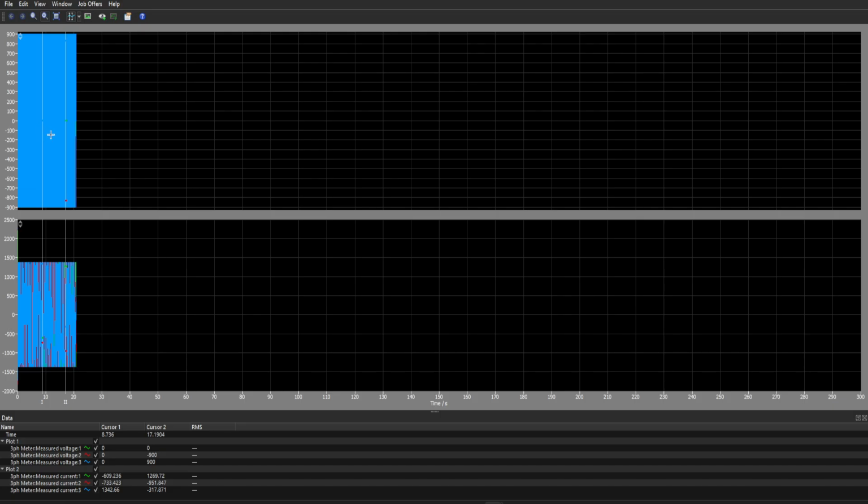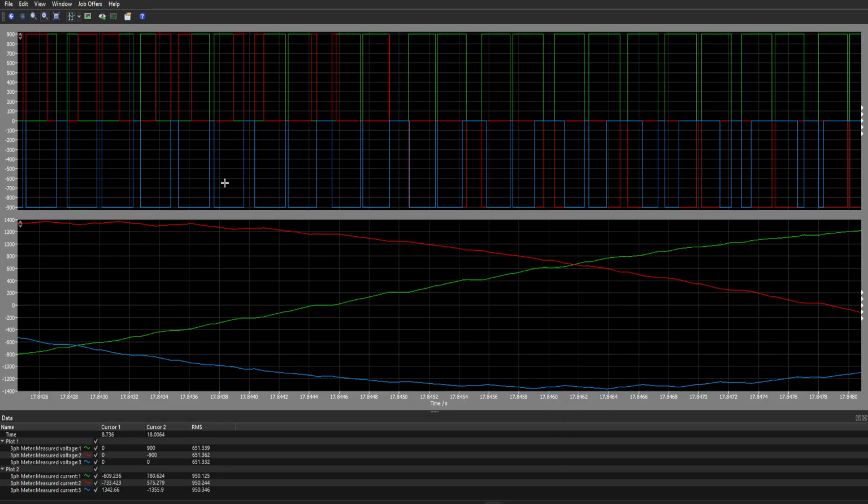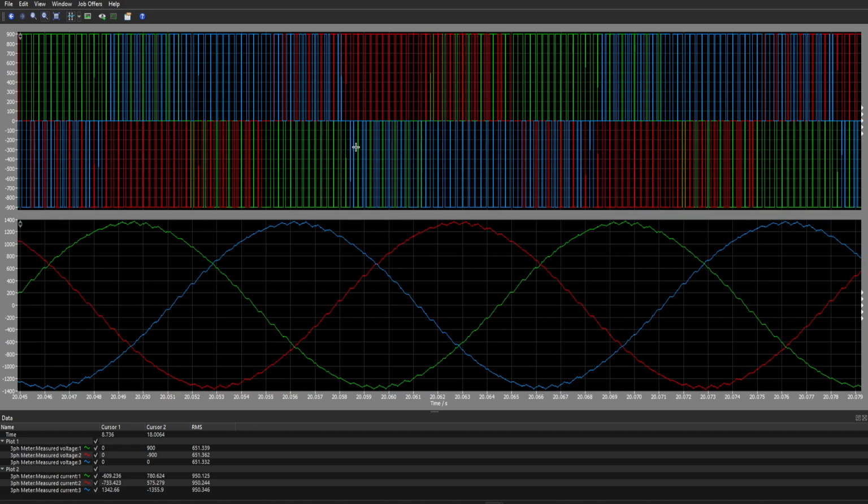Here we can see the line voltages and currents. Again, if we measure the RMS value, the line current is 950 as we just saw, and the line-to-line voltage is 650 volts. The reason it is called the two-level inverter is that in the output voltage of the inverter we have two levels.